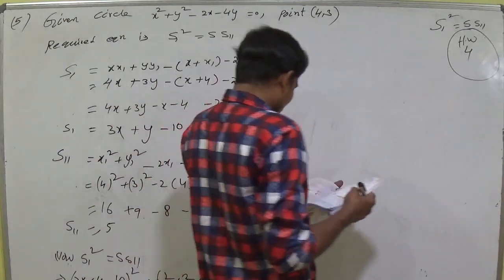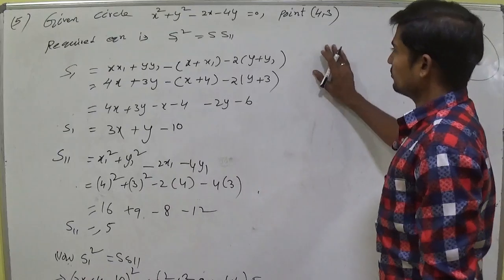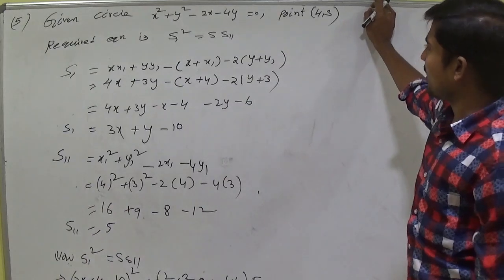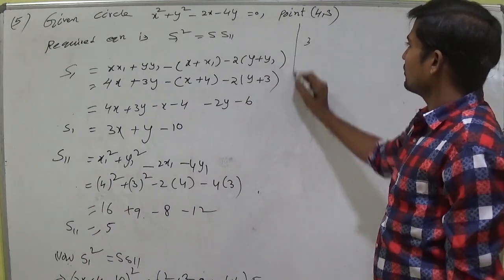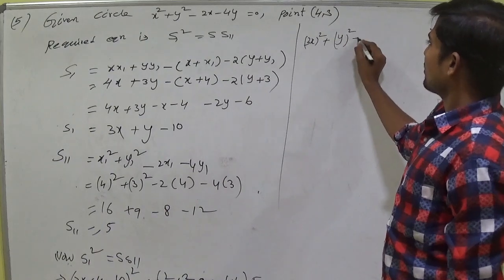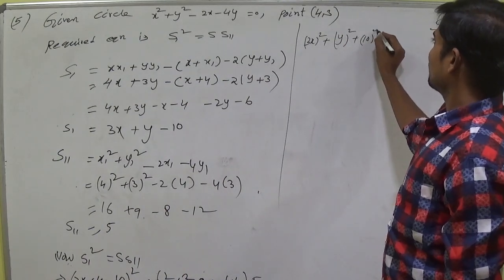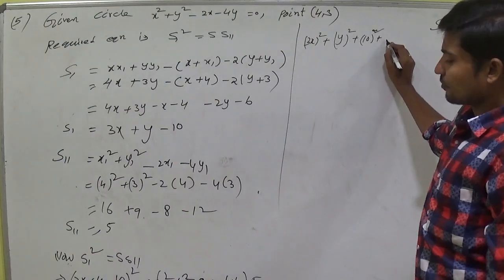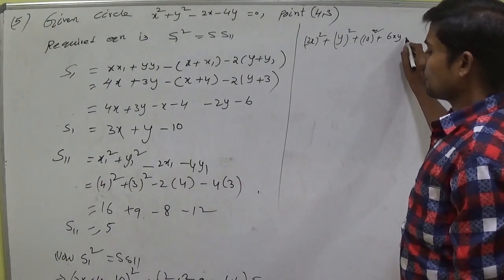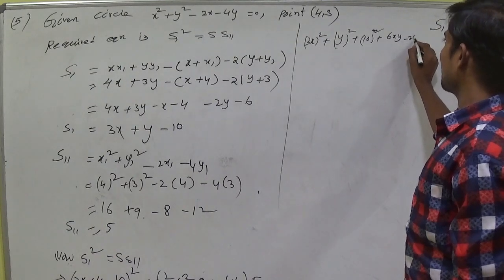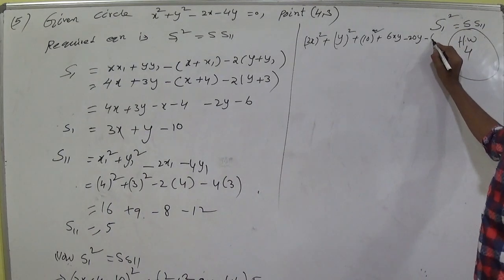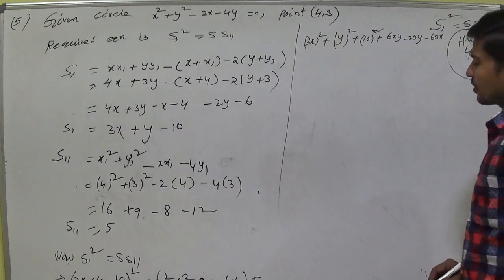Using the (a plus b minus c) whole square formula: a square, 3x whole square, plus b square plus c square plus 2ab, 6xy, bc, minus 20y, ca, minus 60x.